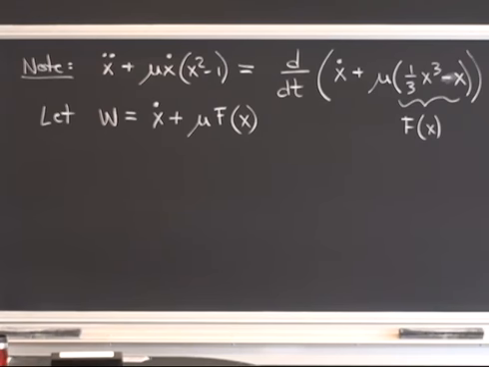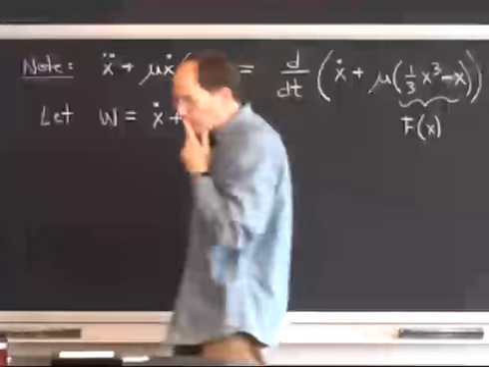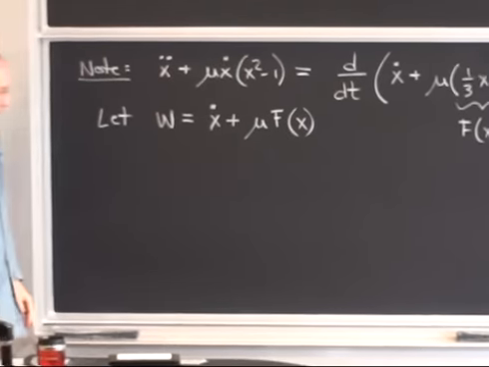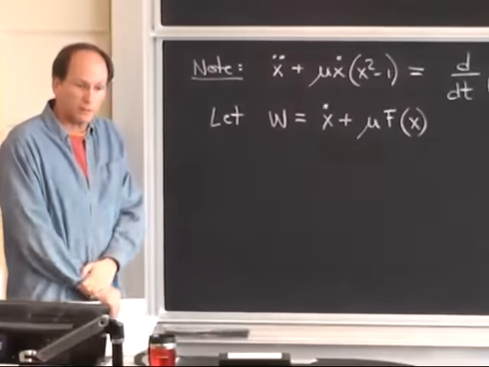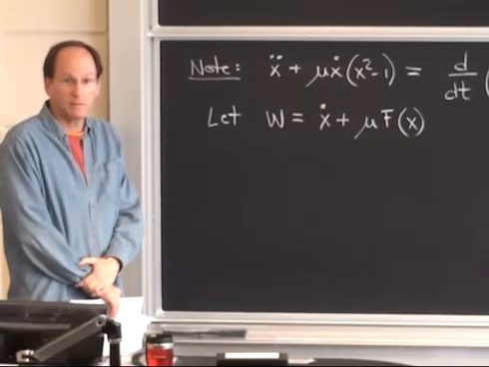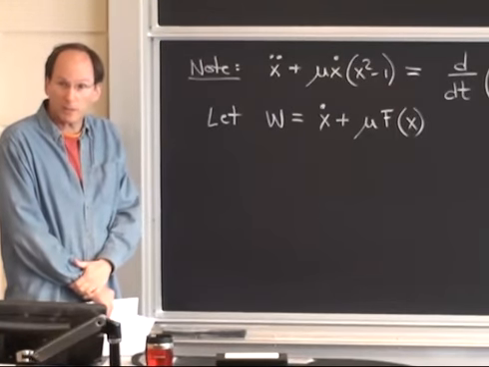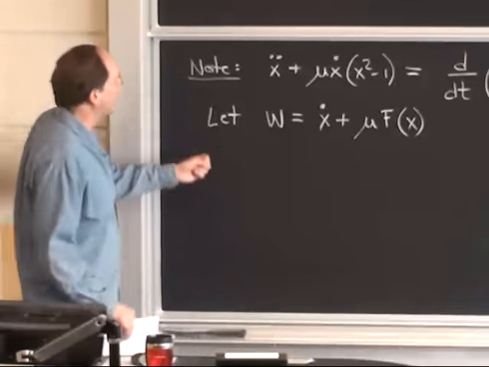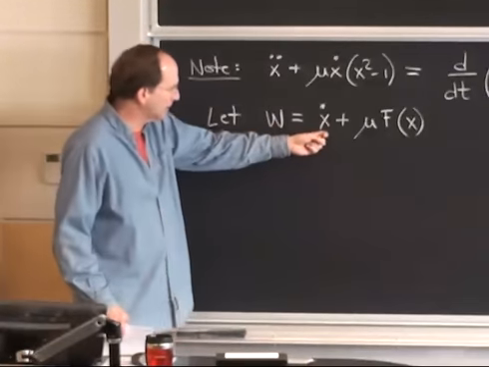Let me point out one thing here that's a little different than what we're used to. Normally when we have a second order equation like that, x double dot equation, we make a change of variables y equals x dot. We've been doing that a bunch of times. This is not that transformation. This is more complicated than that. We're not just saying w equals x dot.